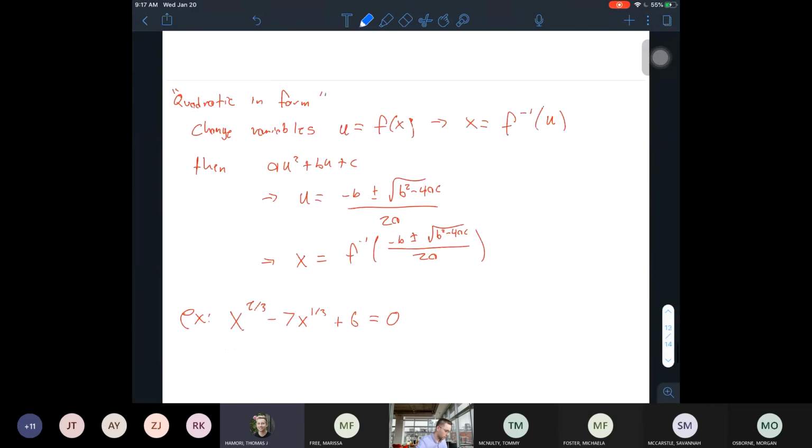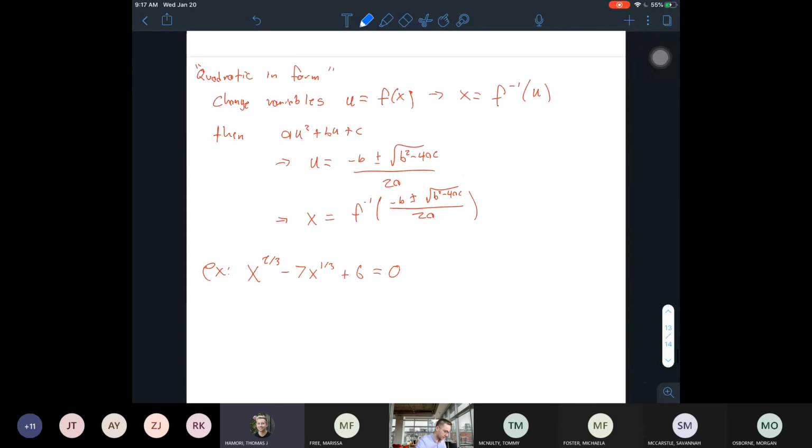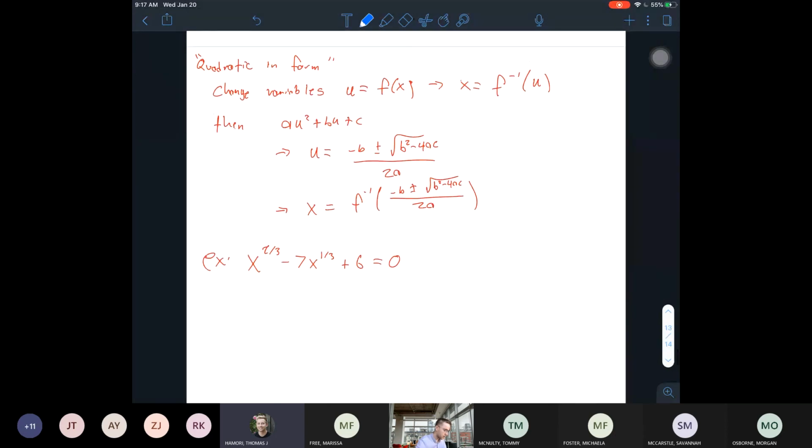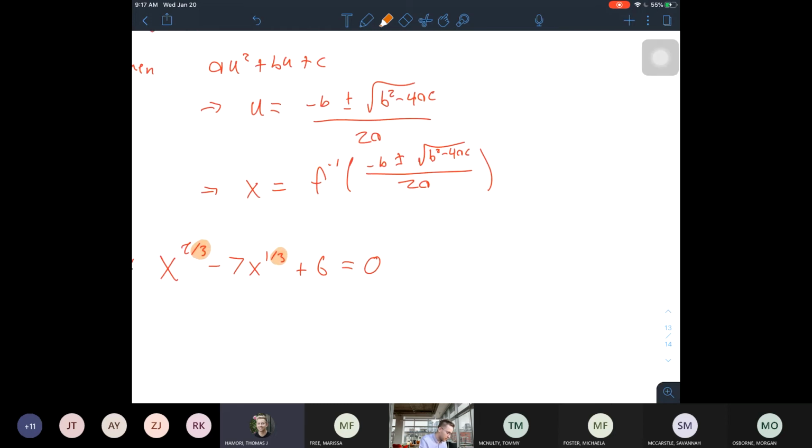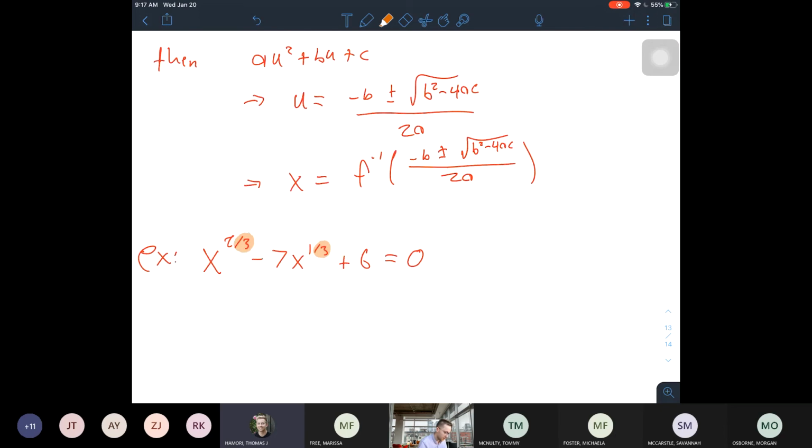Okay, so really quickly before we're out of time, I want to talk about this last example, which is things which are, quote, quadratic in form. What I'm referring to here is equations which almost look like a quadratic, but with this over 3 here. If we were to get rid of this over 3 on each of these powers, we'd have x squared minus 7x plus 6 equals 0, and that would be quadratic.